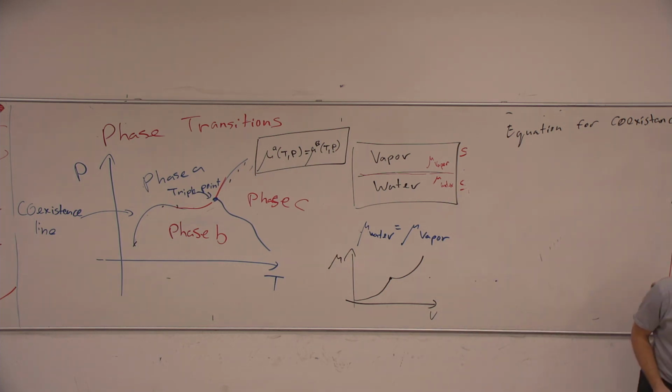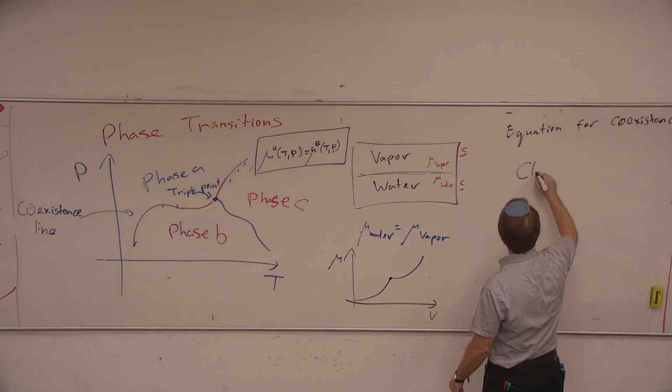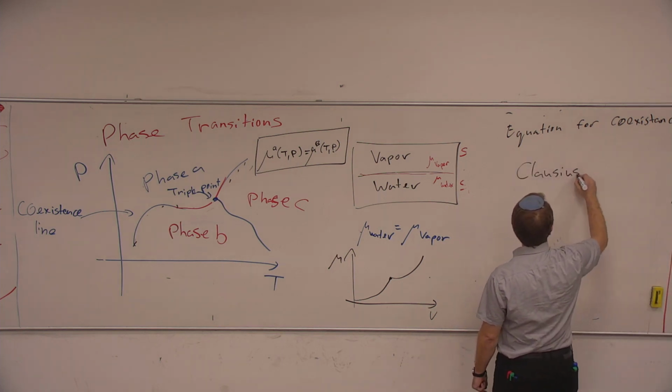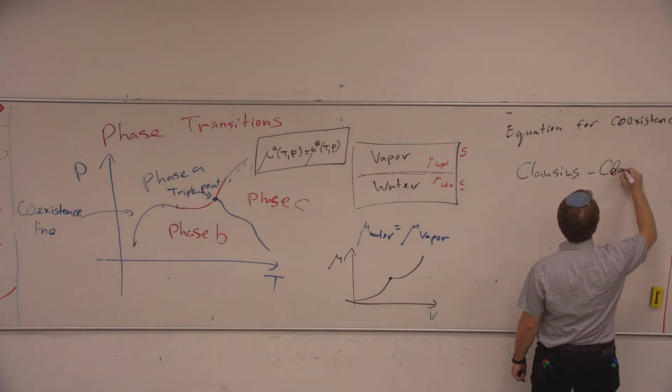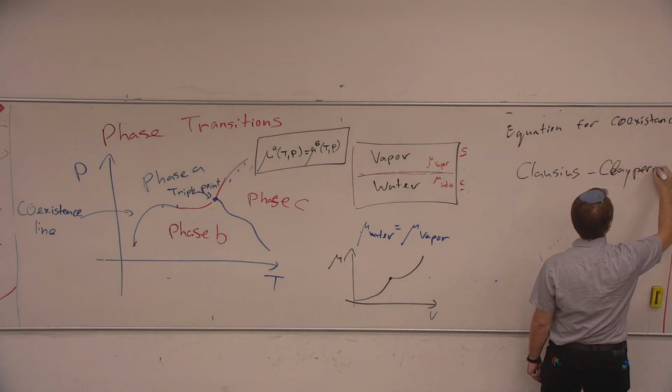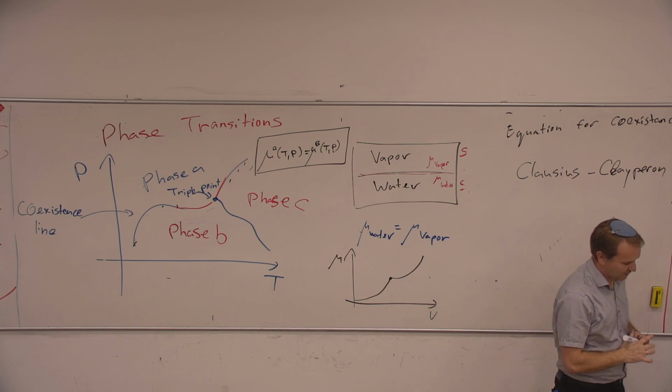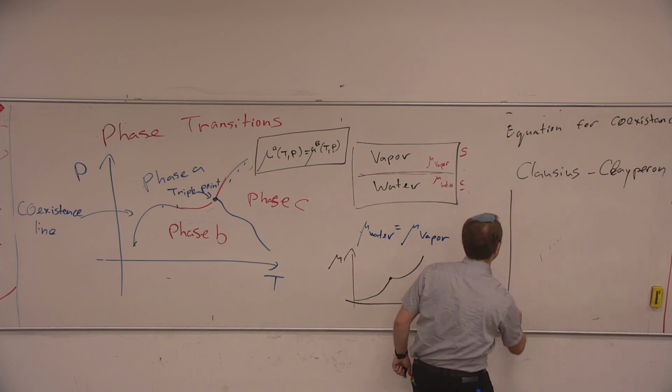So, the equation for coexistence. It has a specific name, and it's called Clausius-Clapeyron. Okay, so how do we find it?